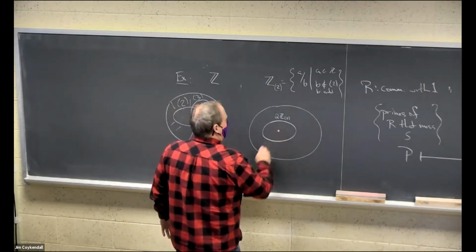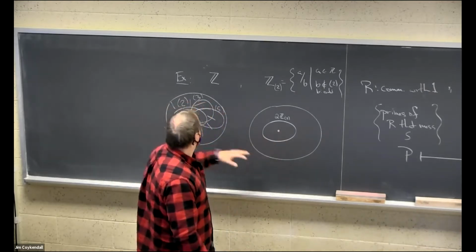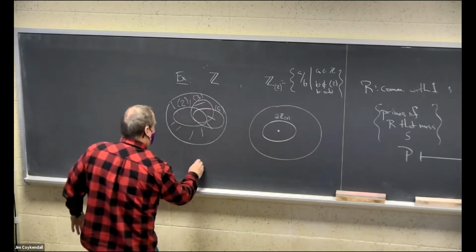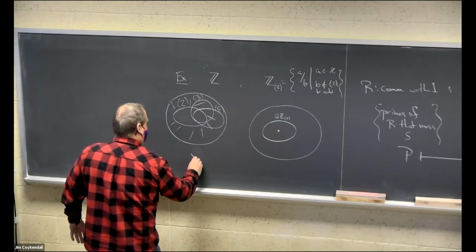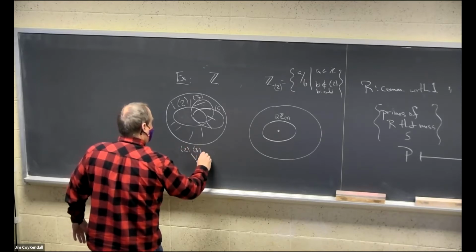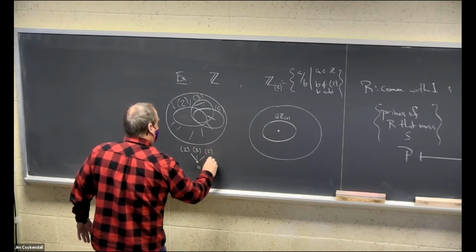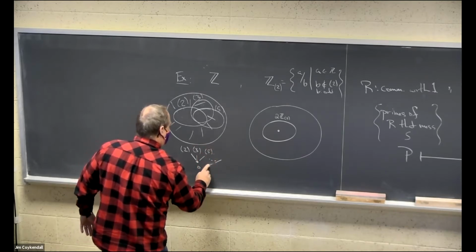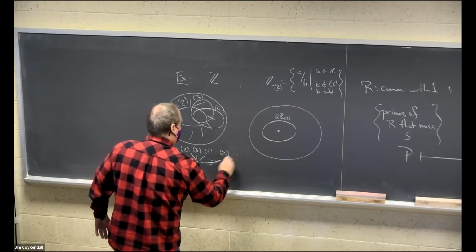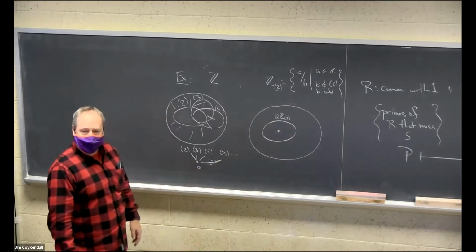So the only prime ideals you've got left here. Z has this huge mess of ideals. You've got the 0 ideal, the ideal generated by 2, 3, 5, and in fact, you've got infinitely many of them. Everybody agree?